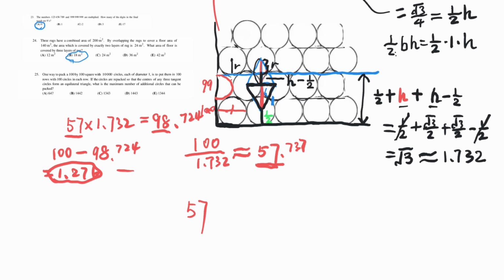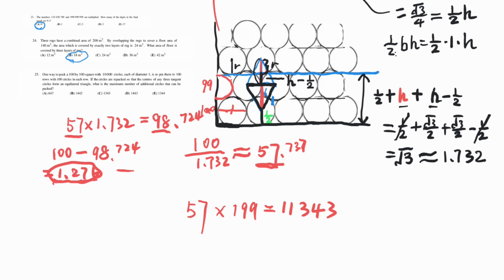So a double row totals 199 circles. 57 times 199 equals 11,343.